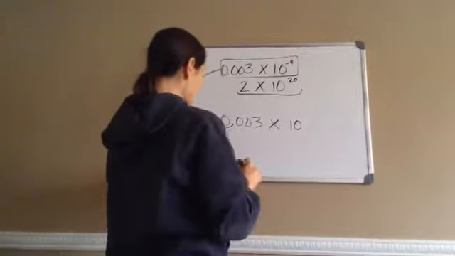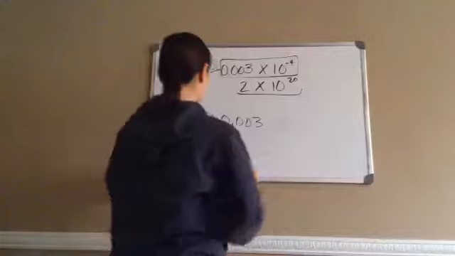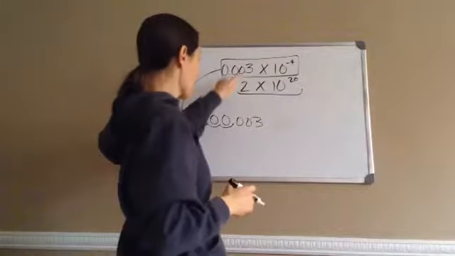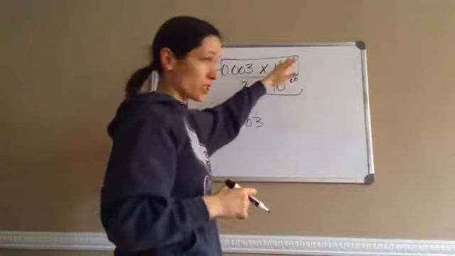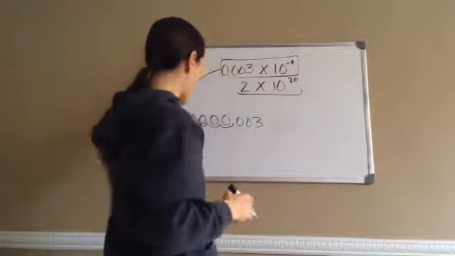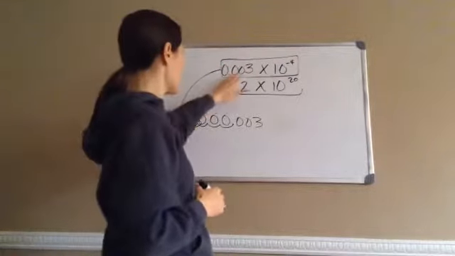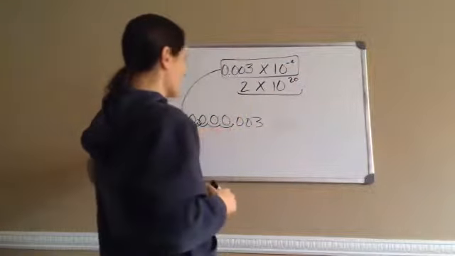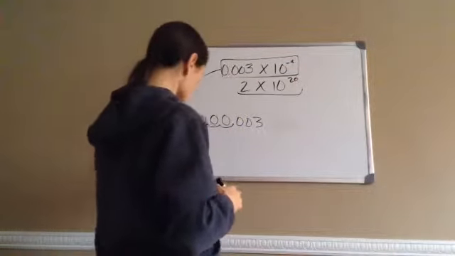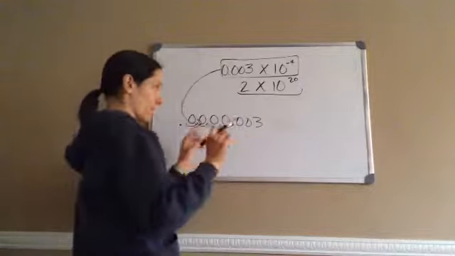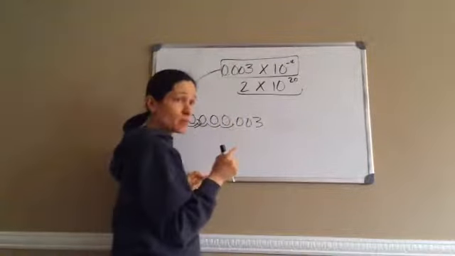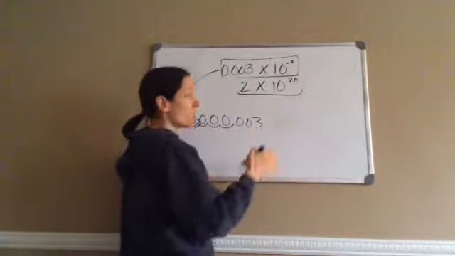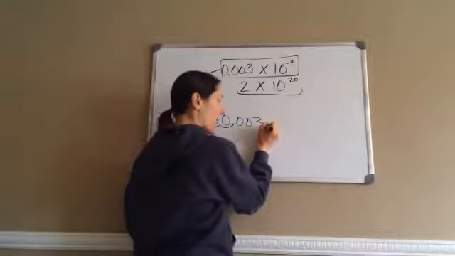So this is the answer in standard form. I took this scientific notation that was written incorrectly and made it a standard number. All I did is take this number and multiply it by that, which made it go left 4 more, right? So this is my new number, okay? But where is the decimal supposed to go? After the first non-zero number.